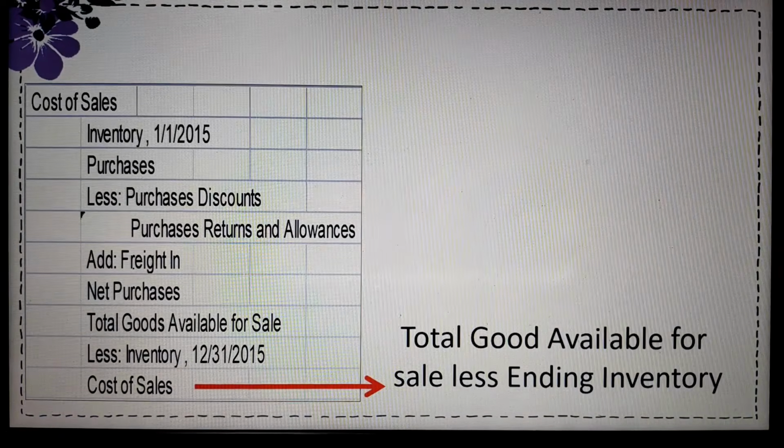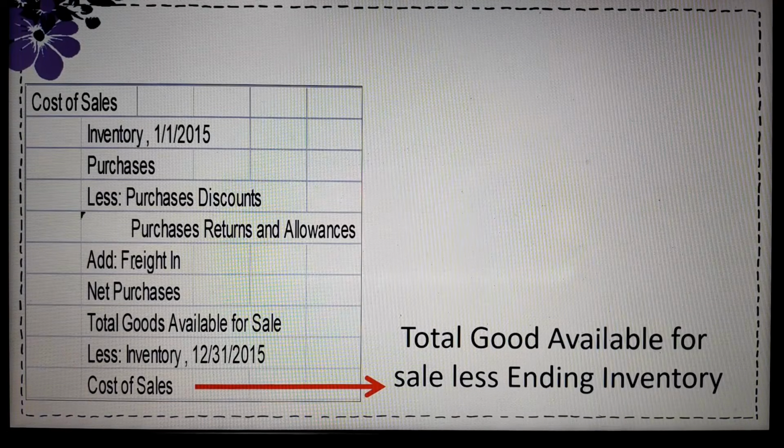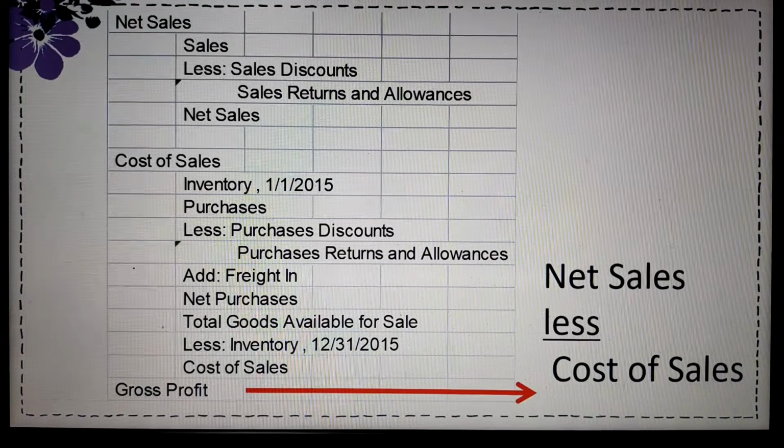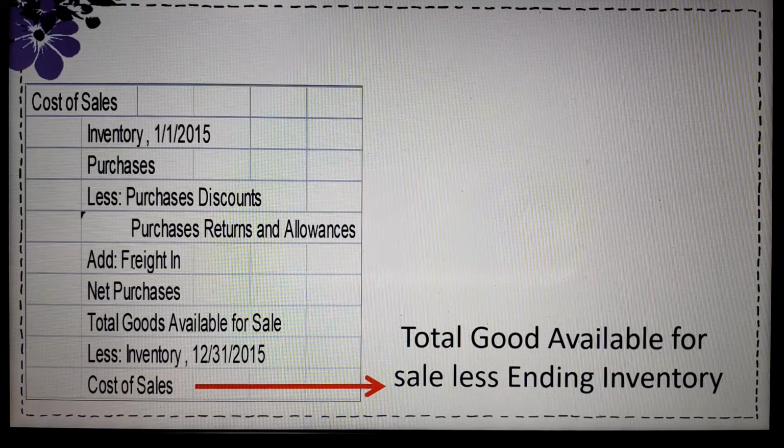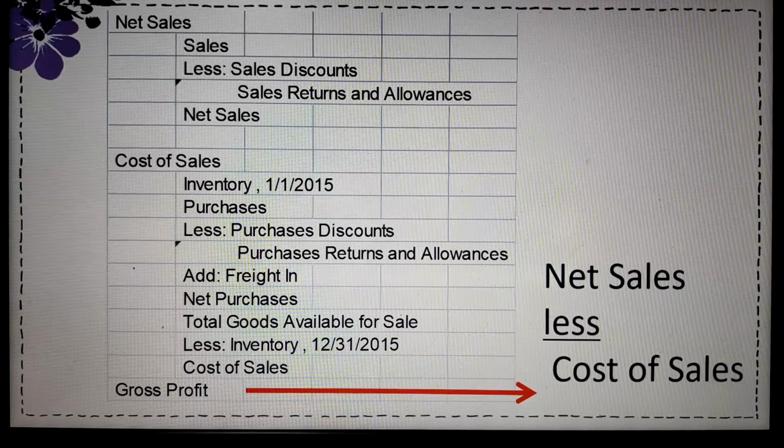For the cost of sales, makuha ninyo siya when the total goods available for sale is less the ending inventory. So furtherly, you will understand the processes on getting the amounts of each of the following when we prepare the statement.